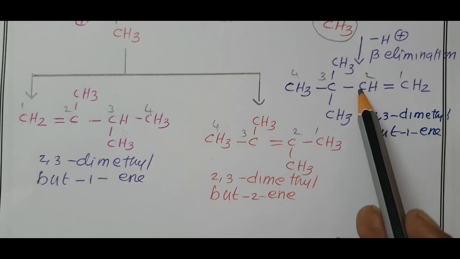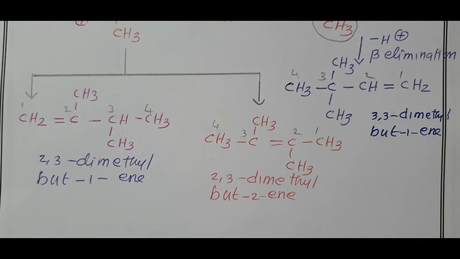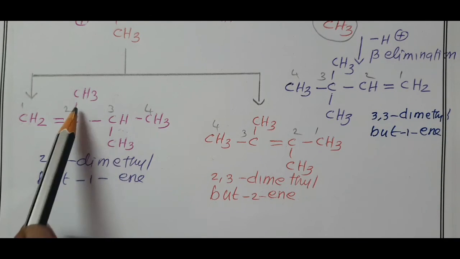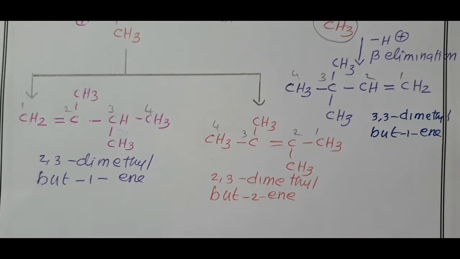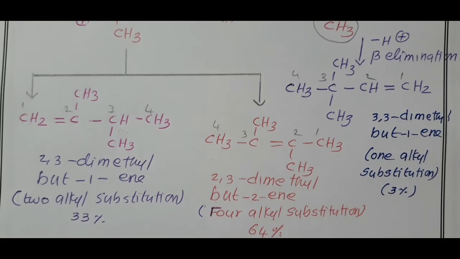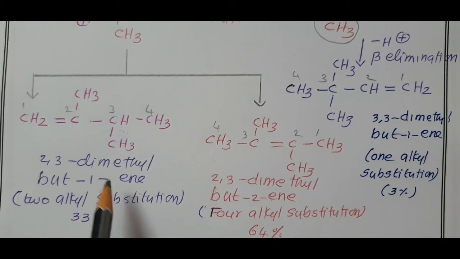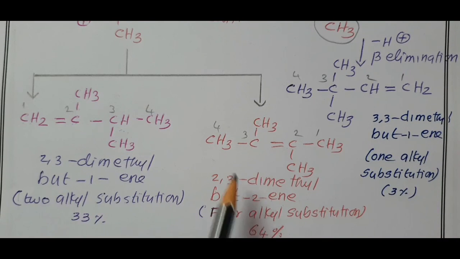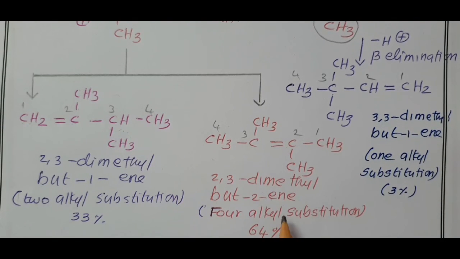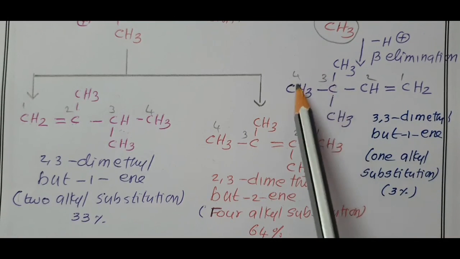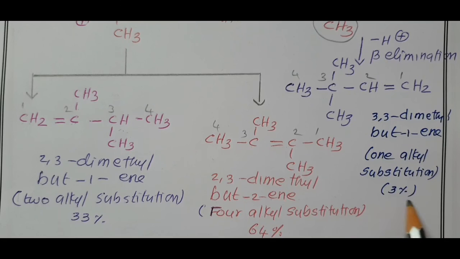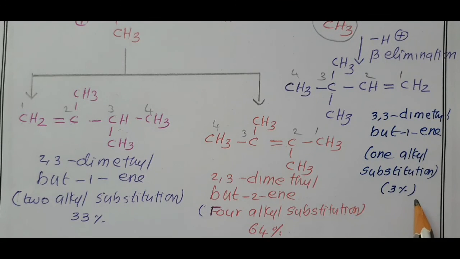Here also only one substituent. So 2 alkyl substituents, 4 alkyl substituents, only one alkyl substituent. So 33% of this alkene is formed, but in the case of 4 alkyl substituents, 64% of tetramethylethylene is formed. Due to the presence of only one alkyl substituent, 3% compound is formed.